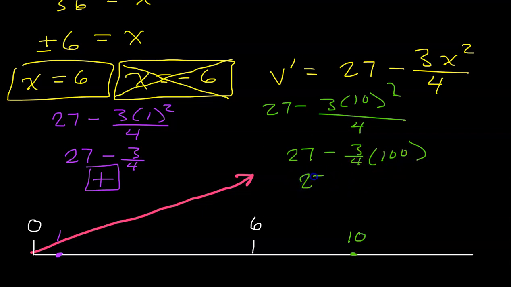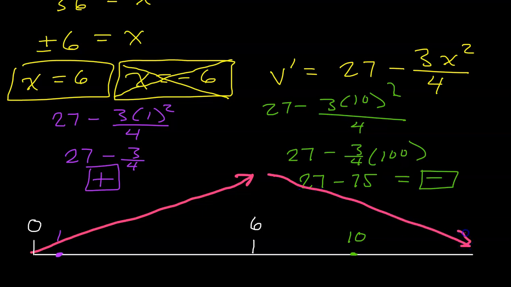So we're going to have 27 minus 75, which obviously is a negative value. This tells us that the function will be decreasing throughout this interval. So that tells us that we have a relative max at 6. Not only that, it is the absolute maximum value on this interval, which goes from 0 to positive infinity.